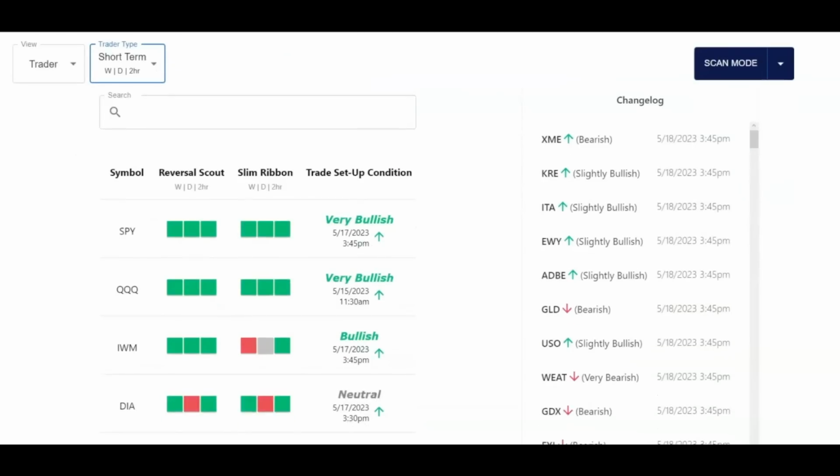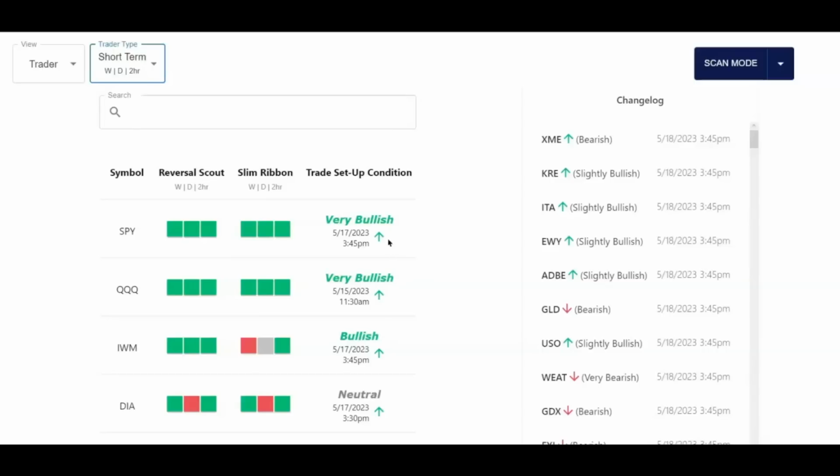What I want you to see right over here, as we're looking at the short term, you can see the SPY, the QQQ, the IWM, the DIA, and those, of course, have been bullish. The QQQ turned very bullish from bullish back on May 15th.